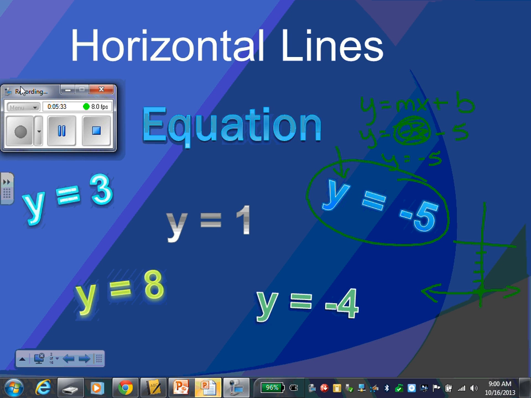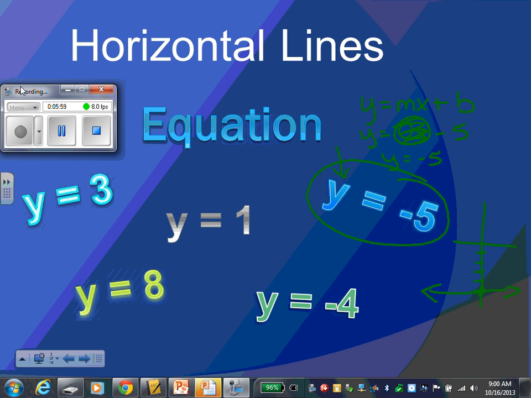But it always goes opposite from that. Another way people look at it is that the line has to cross the y-axis. So if the y-axis is running this way, in order to cross it, the line has to go this way. So I always remember that it's opposite from the y-axis.